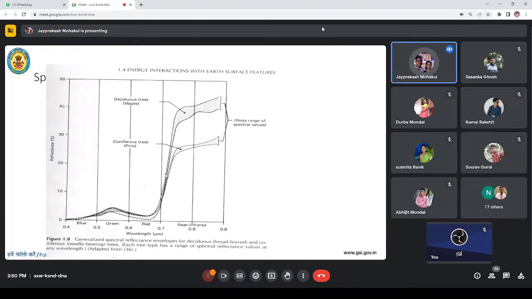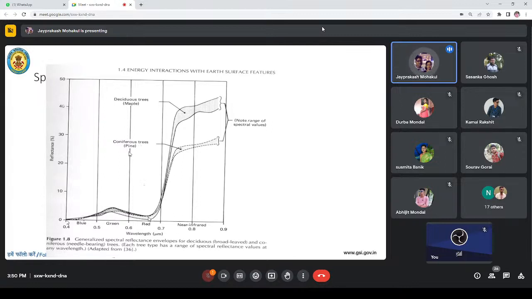See, there can be differences also, like different kinds of trees have different chlorophyll content, right? So a tree will again have a small peak. See, out of the total energy that is coming from the sun, almost 98% is absorbed in the blue range. 95% is absorbed in the green range.